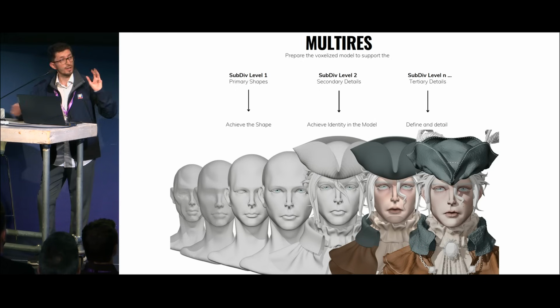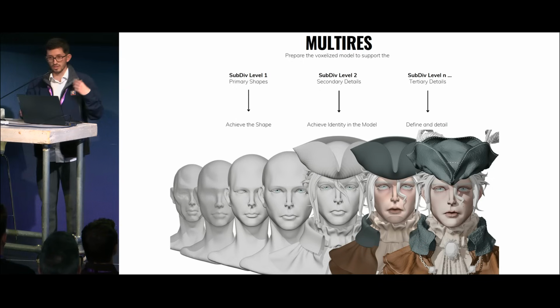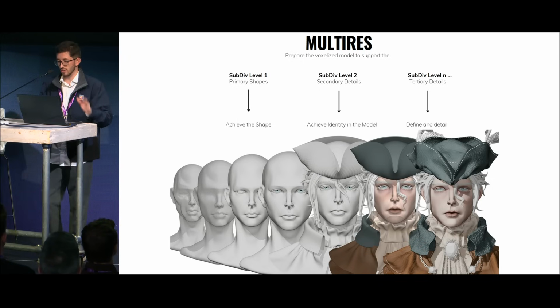You see the different subdivision levels that the modifier has. Because the modifiers manage the amount of subdivisions and basically the resolution of your mesh with levels, what I'm proposing here is that you can start creating the main shape of your asset with lower subdivisions, after, of course, having a voxelized base and then doing the retopo to extract the information from it.